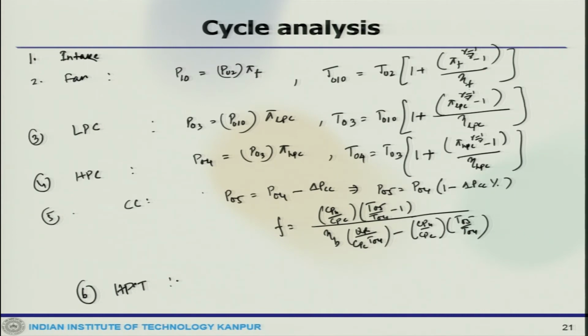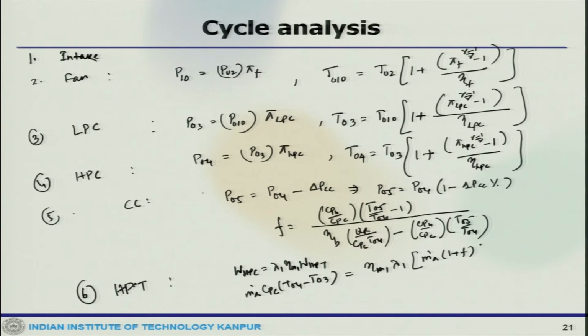HPT is going to run the HPC. So, similarly we assume WHPC would be lambda 1 eta m1 WHPT, which allows us to write m dot Cpc T naught 4 minus T naught 3 equals eta m1 lambda 1 m dot a 1 plus f Cph T naught 5 minus T naught 6.